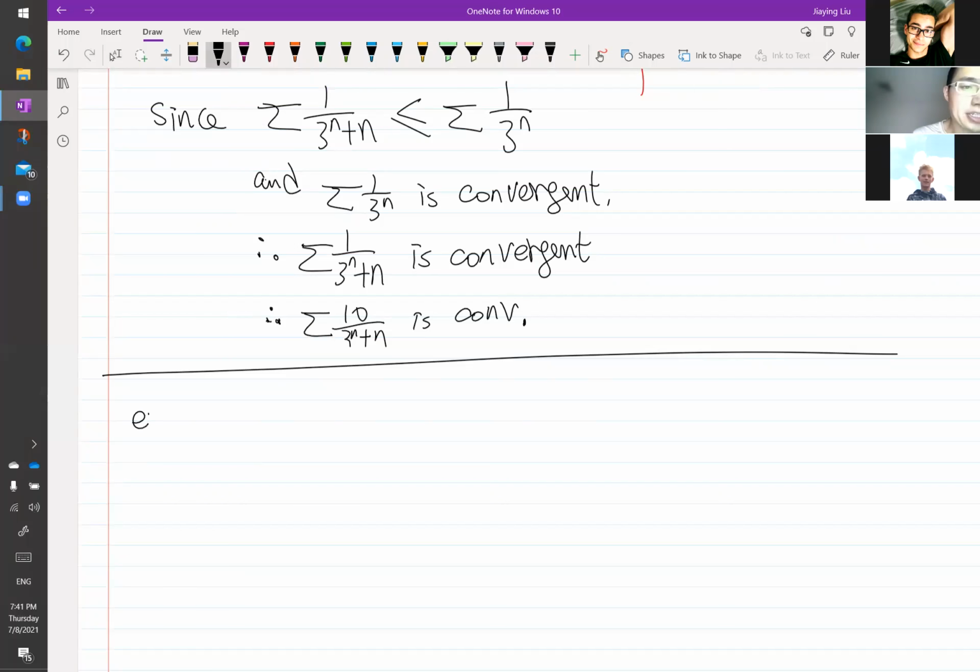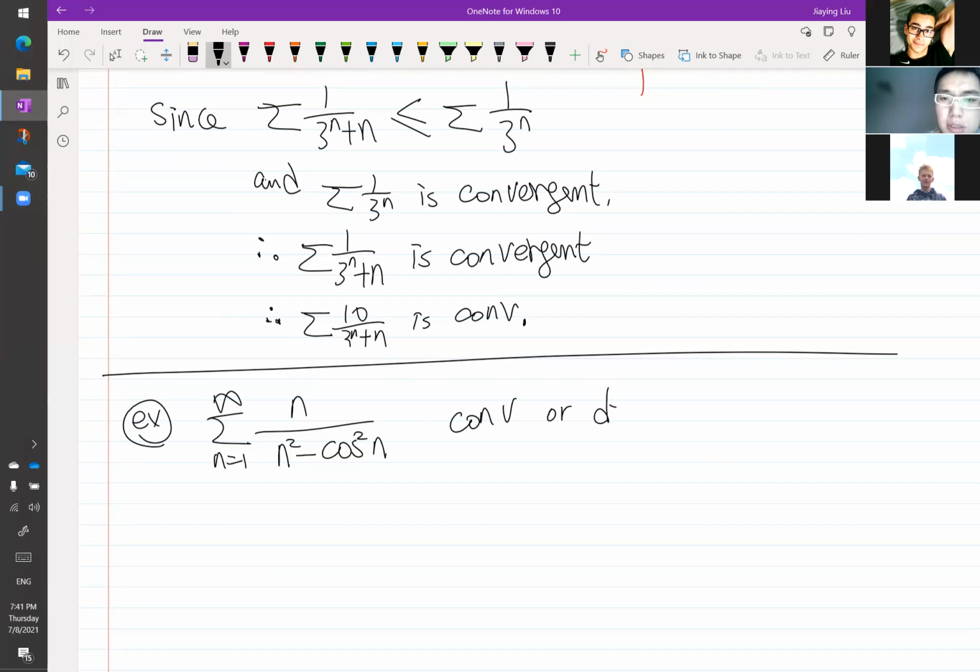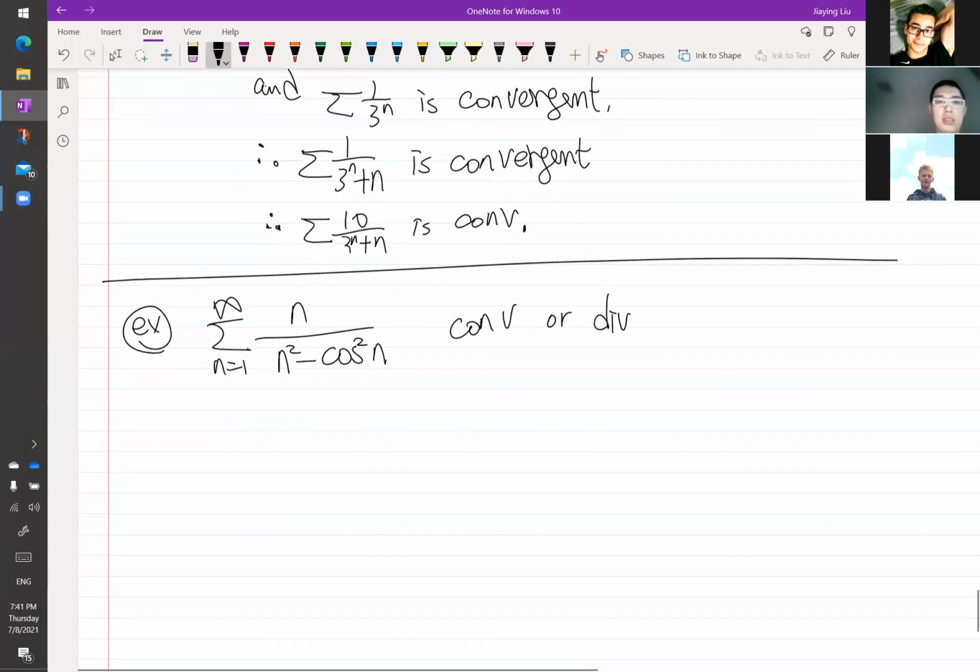All right, here's the second example. We want to know if the series, n going from 1 to infinity, of n divided by n squared minus cosine squared n is convergent or divergent. Can anyone tell me which function is greater than this given function or smaller than?